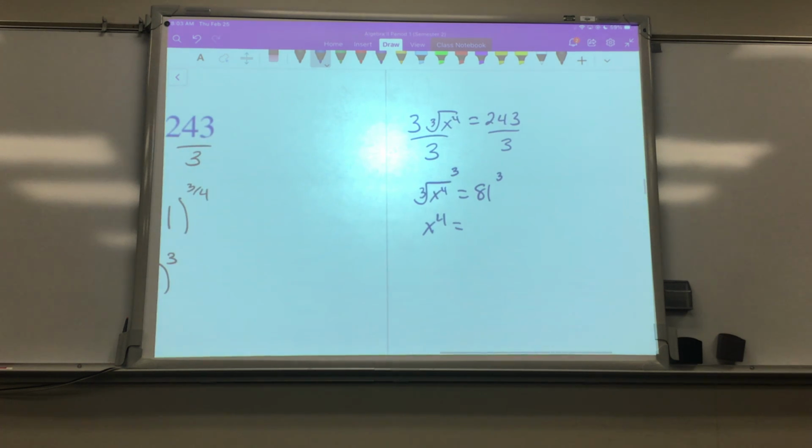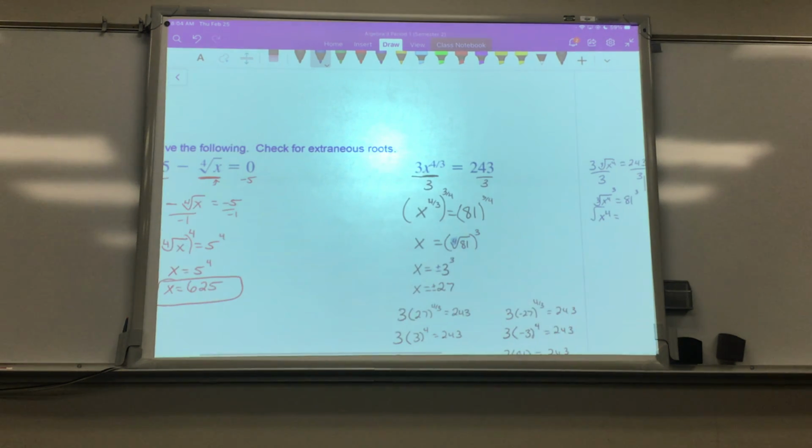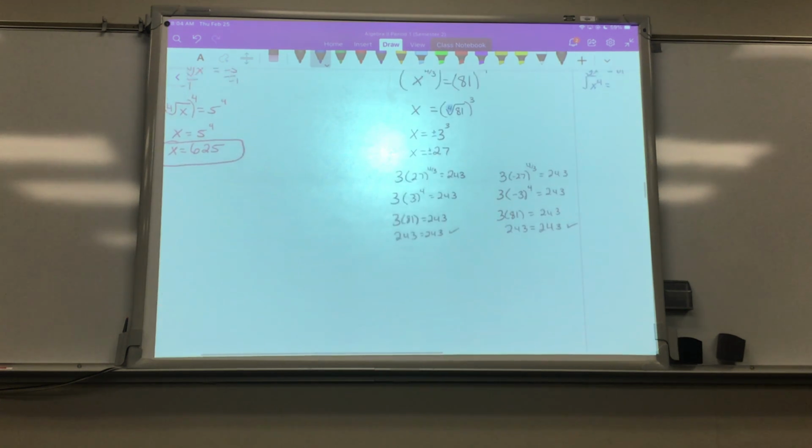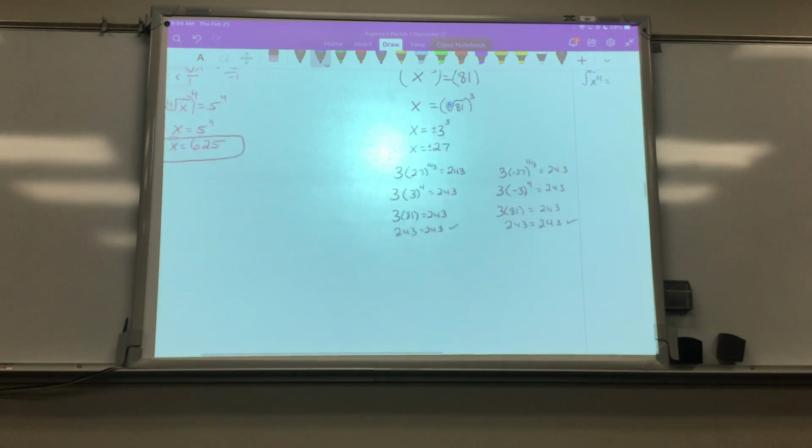Because I don't want to do 81 cubed. And then eventually we're going to have to take the 4th root of that also. That's going to be dealing with very large numbers, right? Let's avoid that, especially with no calculators. I have told you that, right? No calculators for this test? Yeah. Again, make sure you're checking your answers.